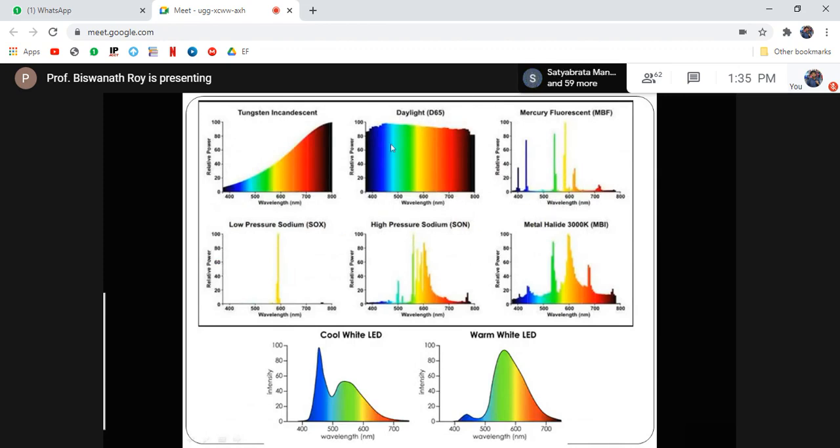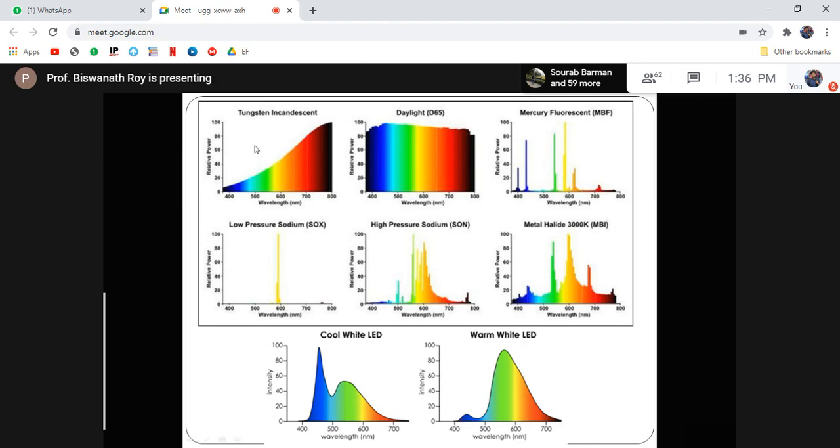These are the pictorial representations of the spectral power distribution, right? This is the spectral power distribution of the tungsten incandescent lamp. And if you follow, all are in the relative scale. If you follow the pattern, you see the higher the wavelength, the higher is the associated optical power. So you can gauge that beyond 800 nanometer, that is in the IR region, the optical radiations are there.